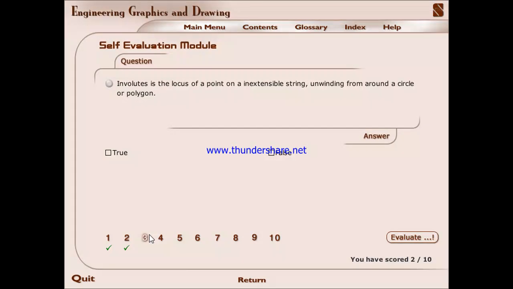True or false? Once again, an involute is the locus of a point on an inextensible string unwinding from around a circle or polygon. Yes, it is correct. That is true.